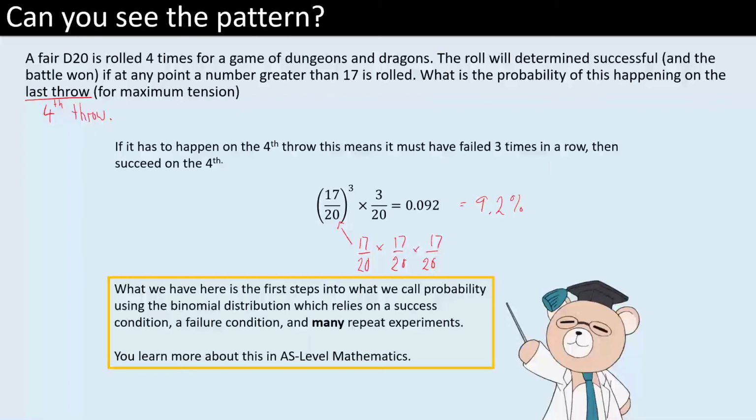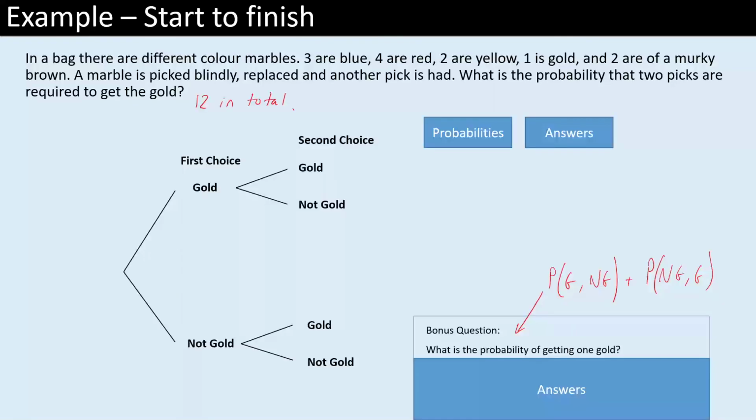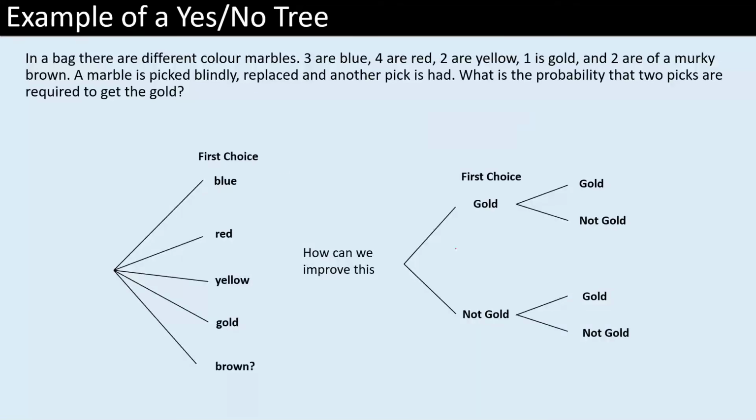Now, as just a quick summary of what we've looked at through here. Rather than going for absolutely mental looking probability trees, we should look to see how we can simplify them.